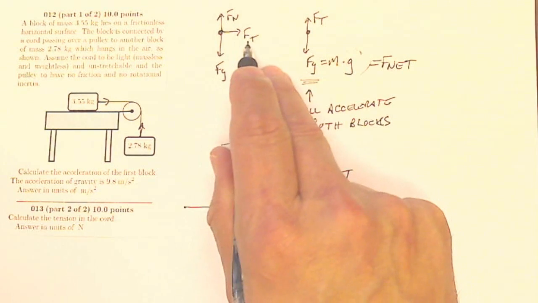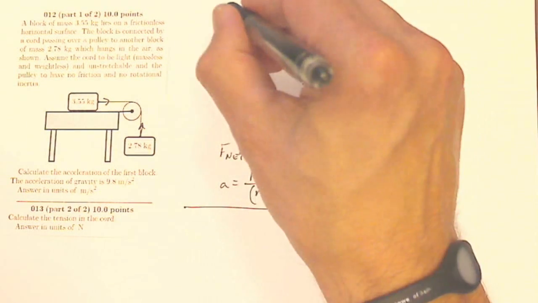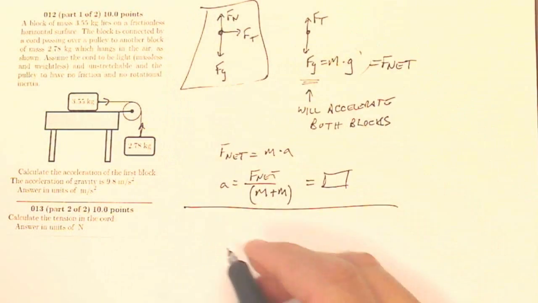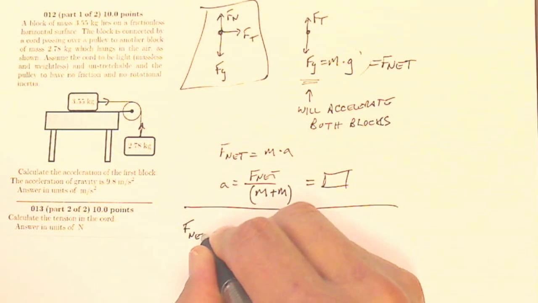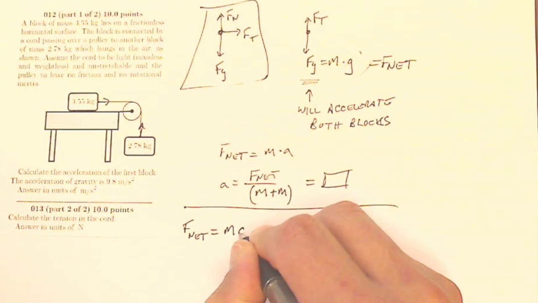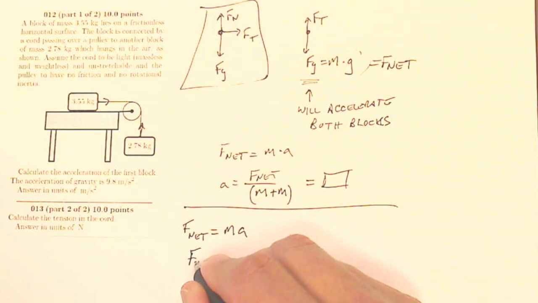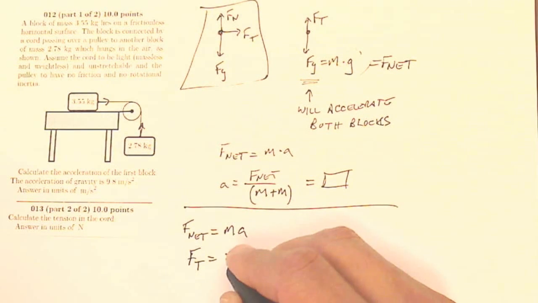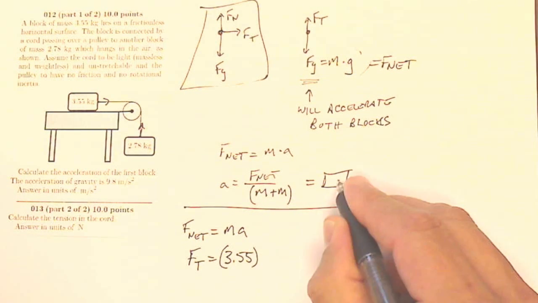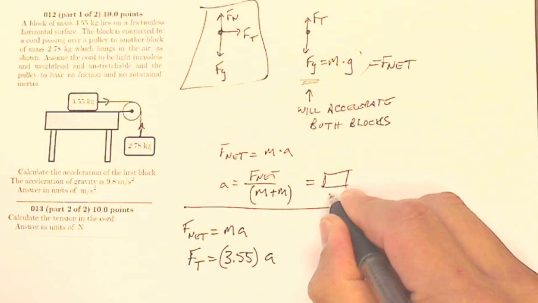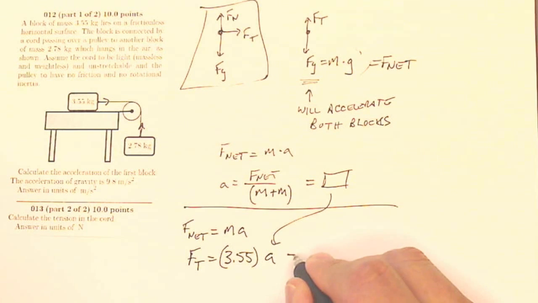So if I look at just this block, I can do F net equals ma. Well, this Ft is my F net. So Ft equals m, and this is just the top block, so for me 3.55, times this acceleration a that I got there. That will give me the force of tension in the cord.